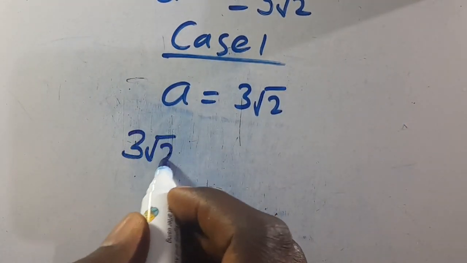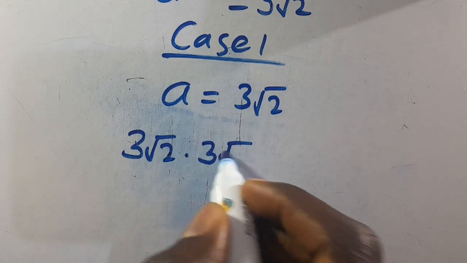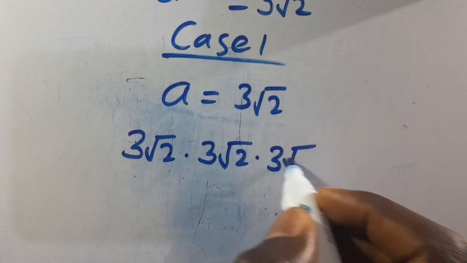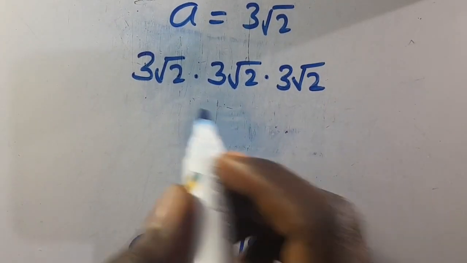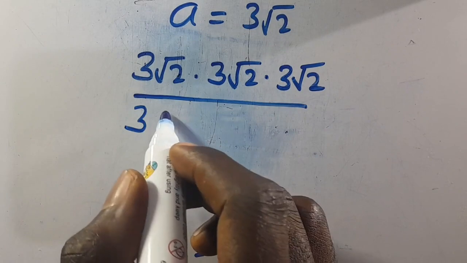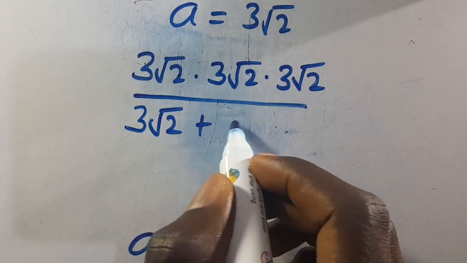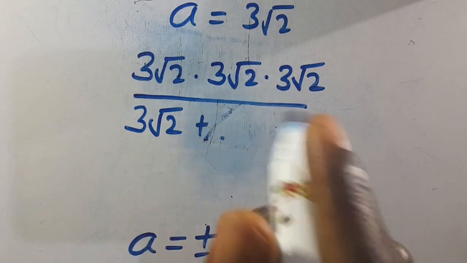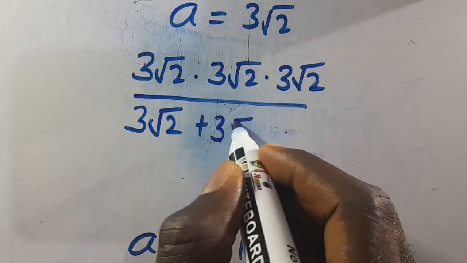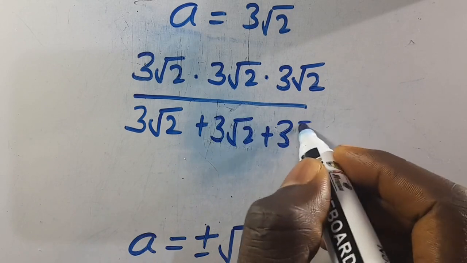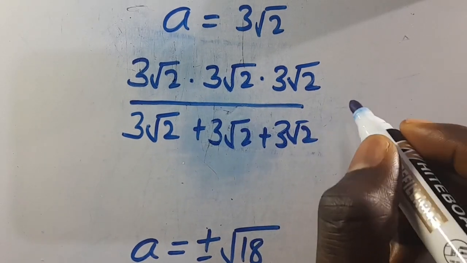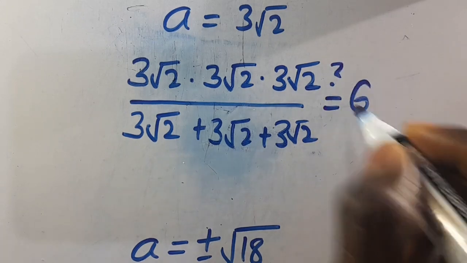So from here, we are going to have 3 root 2 multiplied by 3 root 2 multiplied by 3 root 2, all divided by 3 root 2 plus 3 root 2 plus 3 root 2. Is it going to give us 6?